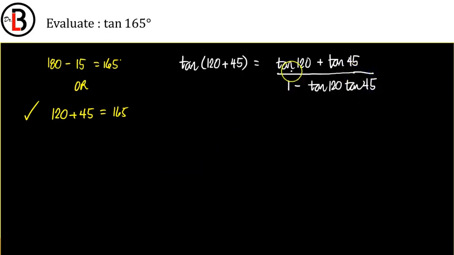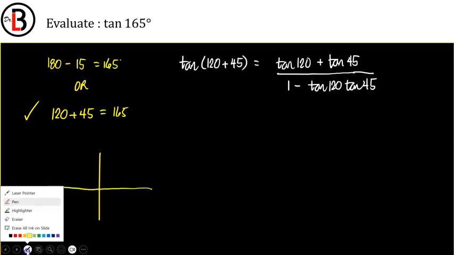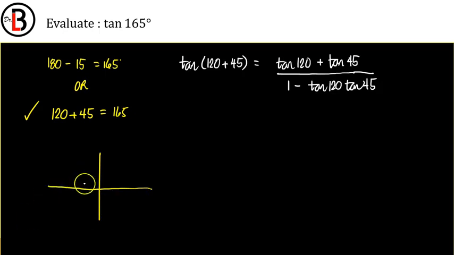Now the thing is 120 degrees. We know that 120 degrees is actually 60 degrees in the second quadrant. So let's just draw the 120 degrees. So we know that 120 degrees is actually in the second quadrant. So if, for example, this is your 120 degrees, what's left here is actually 60 degrees. So maybe we can draw a 30, 60, 90 triangle.